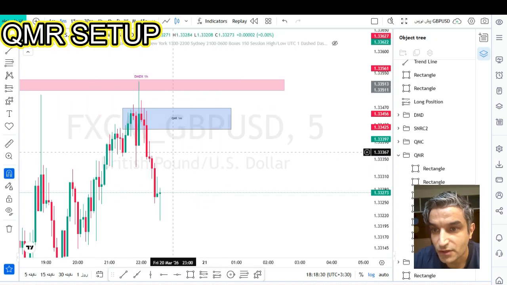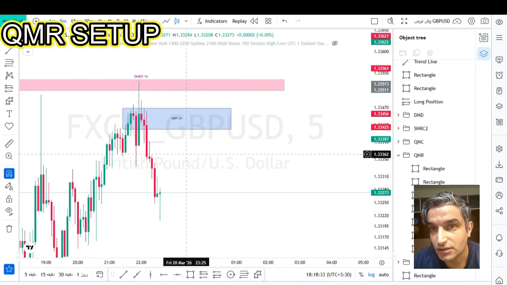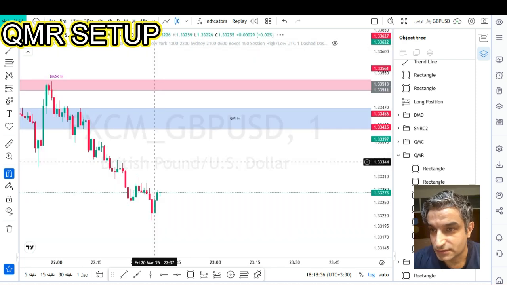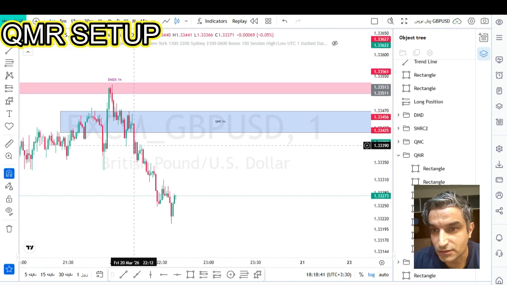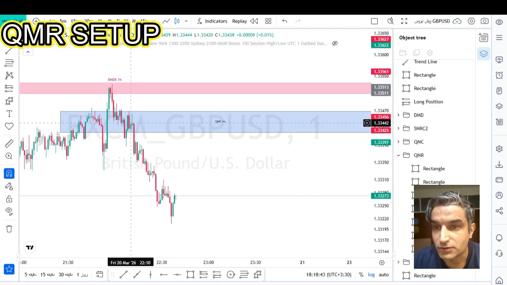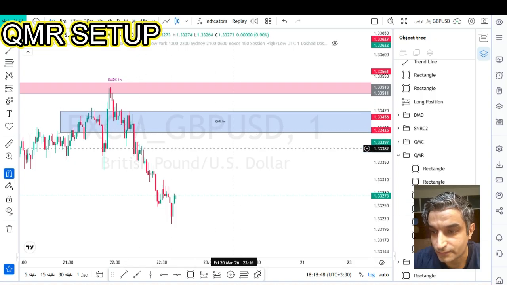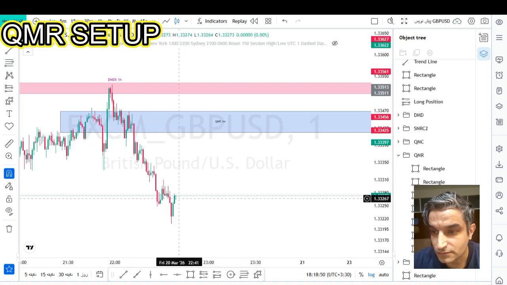Yes, it has a confirmation in a higher time frame, and as you see, here is an untouched order block, and this is the area that we are waiting for price to come to.